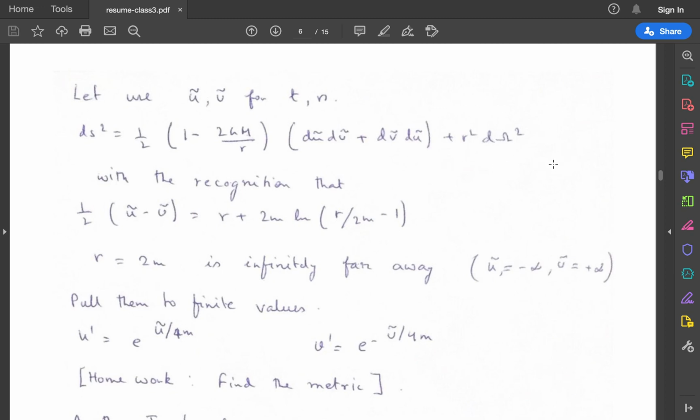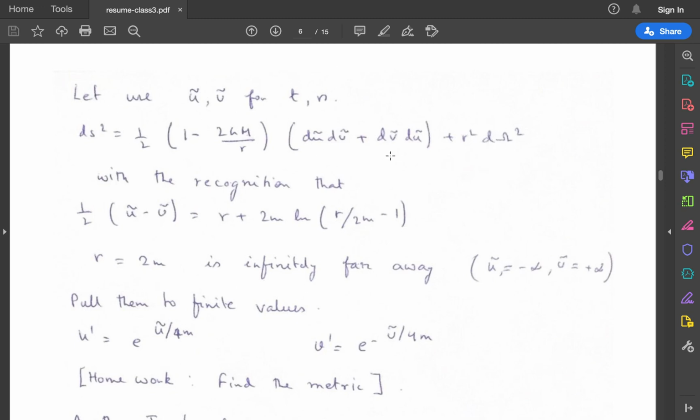This remains the same; we have not done anything about it. This r can also be written with the recognition that half of (u tilde minus v tilde) is r plus 2m log of (r over 2m minus 1). With this recognition we can write this, but there is no need.